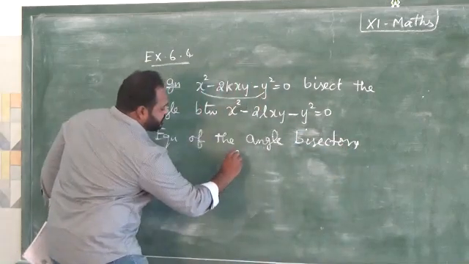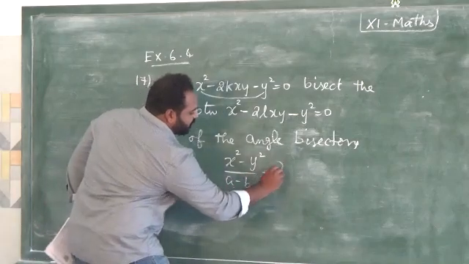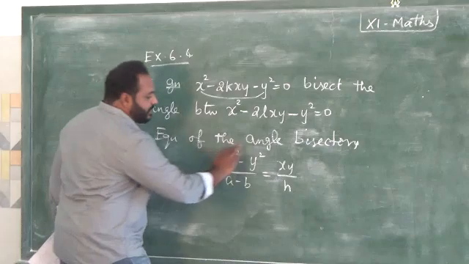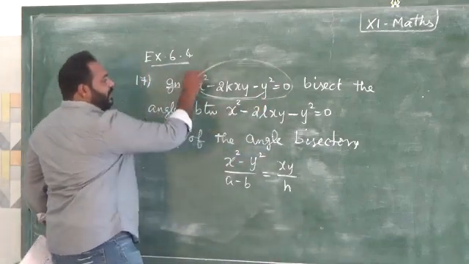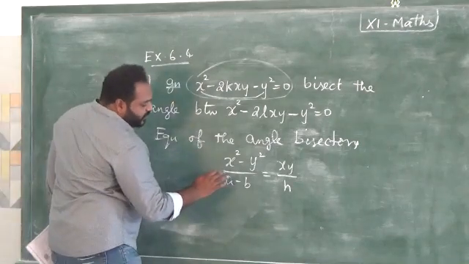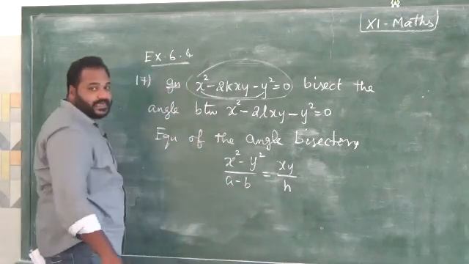The formula is (x square minus y square) by (a minus b) equal to xy by h. So, using this formula, I am going to find the angle bisectors, substituting the values for a, b and h.